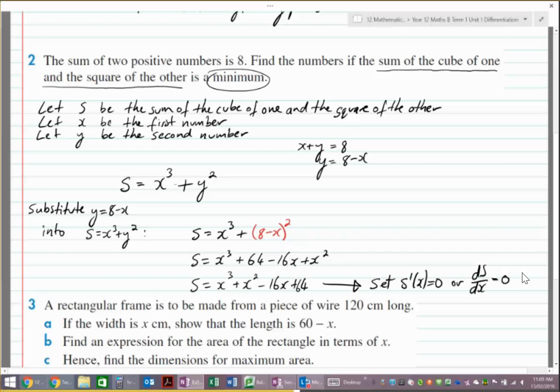Some of you might be thinking, well, what would have happened if instead of rearranging for y, what if I rearranged for x?